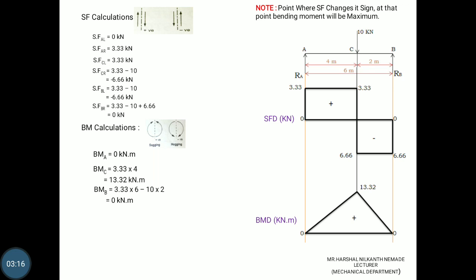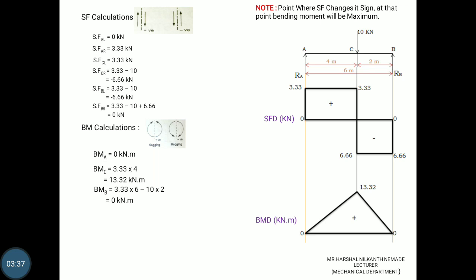SF at CR: now you may see two forces, one upward and one downward. Upward force is 3.33 minus downward force 10. I will solve: 3.33 minus 10 is equal to minus 6.66 kilonewton.